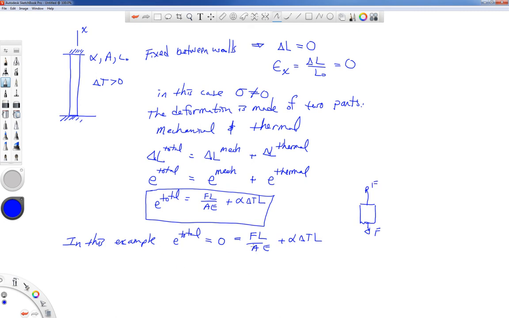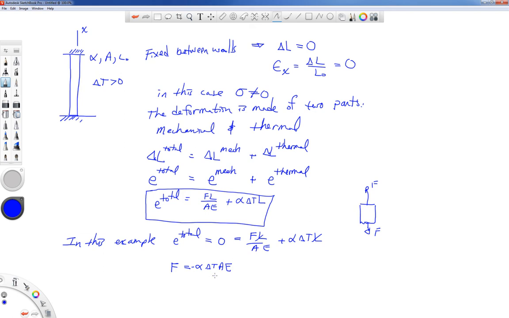If I solve for my force F, the L's will cancel out, and F will be equal to alpha delta T times AE with a negative sign out in front, indicating that the force really is in compression. So this is kind of interesting. Now we have a formula that tells us how much the force is going to increase when we have a given temperature change for constrained deformation.